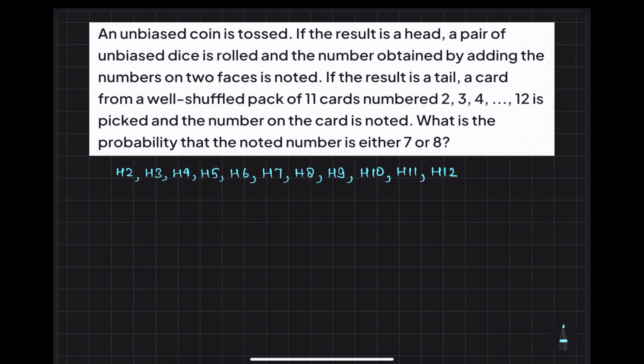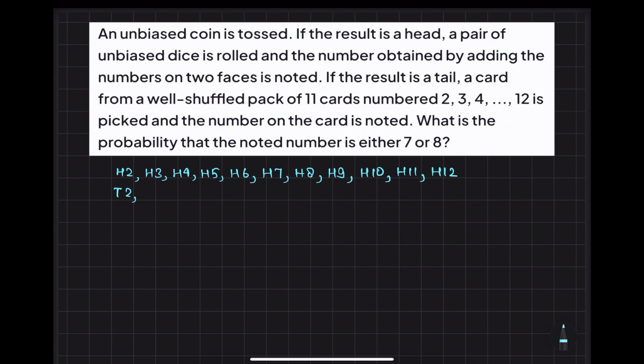If the result is tail, a card from a well shuffled pack of 11 cards, numbered 2, 3, 4, 5, 6, 7, 8, 9, 10, 11, 12, is picked and the number on the card is noted. So if it is tail, then you will go with cards 2 to 12.